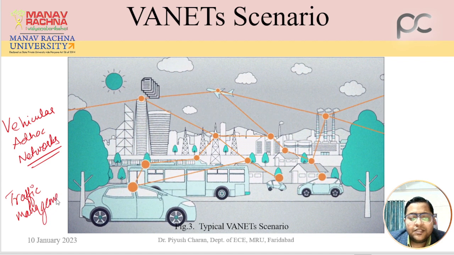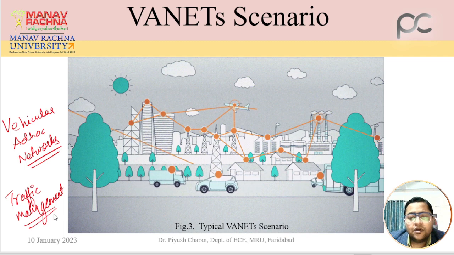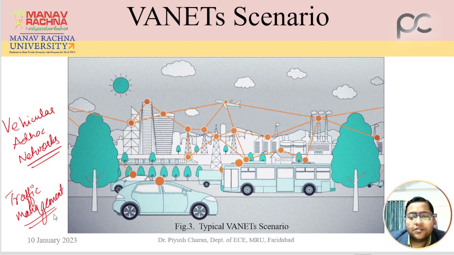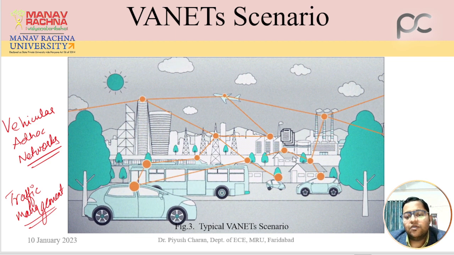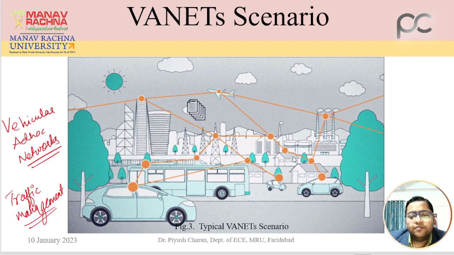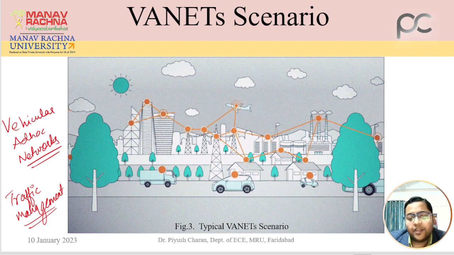So all these smart cities and the concept of smart cities and centralized traffic monitoring systems, all these are governed by these wireless sensor networks, or networks that are formed through various sensors attached to a vehicle.